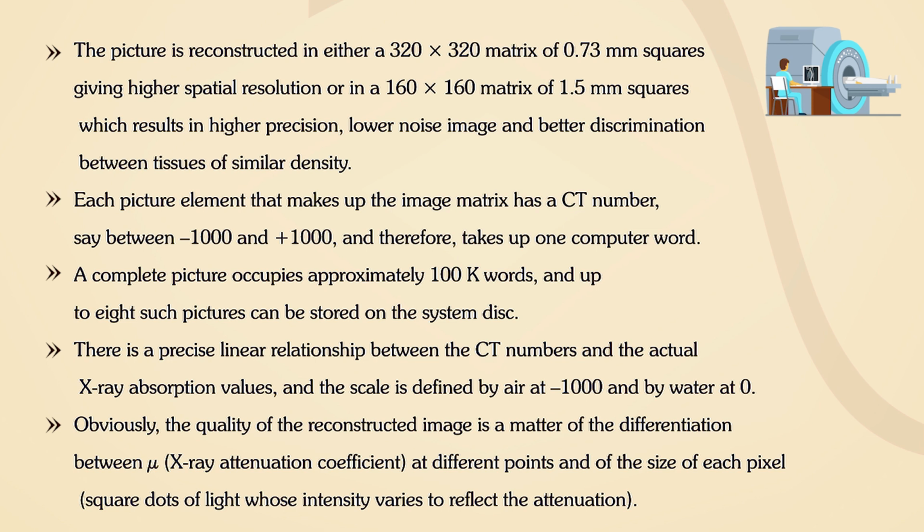Obviously, the quality of the reconstructed image is a matter of the differentiation between mu, that is X-ray attenuation coefficient, at different points and of the size of each pixel, square dots of light whose intensity varies to reflect the attenuation.